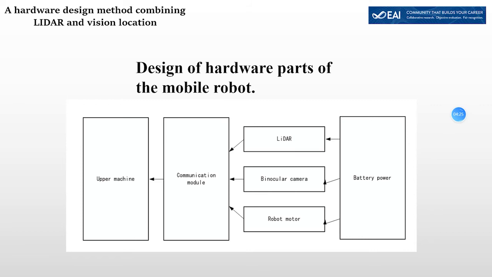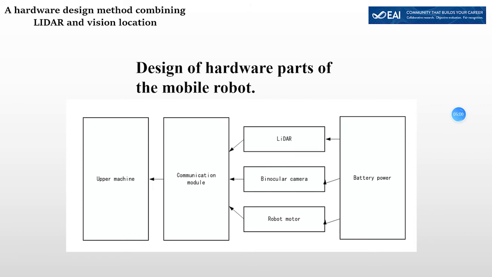The batteries power the LiDAR, the binocular camera, and the motor. The current, velocity, acceleration, odometry, and other data are acquired by the LiDAR and the binocular camera when the robot moves.